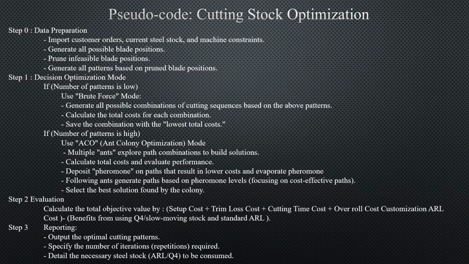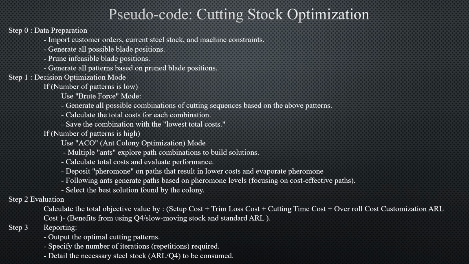Next is step 2, it is evaluation. In the evaluation calculation, the total objective value will be calculated following the objective function as we mentioned before. And then step 3, it is reporting.